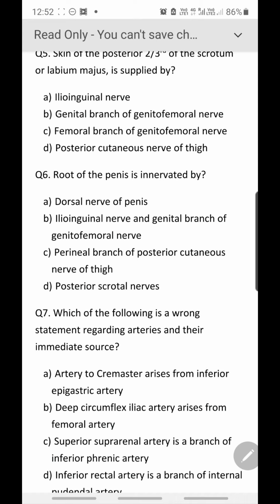And the nerve supply of anterior genitalia is by ilioinguinal nerve and genital branch of genitofemoral nerve. And remember that dorsal nerve of penis actually innervates the skin of the anterior portion, the shaft of the penis as well as the glans. Okay, so this is the right statement.